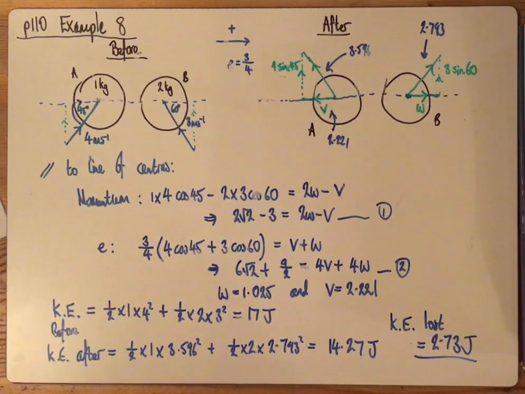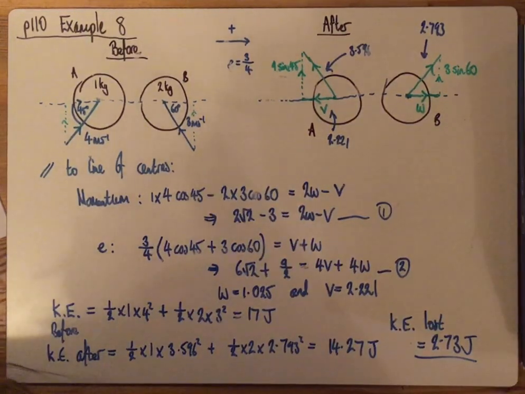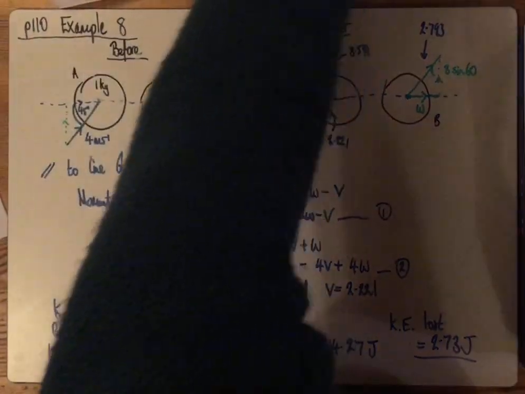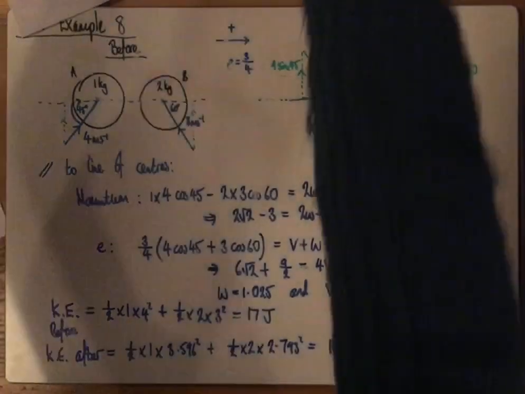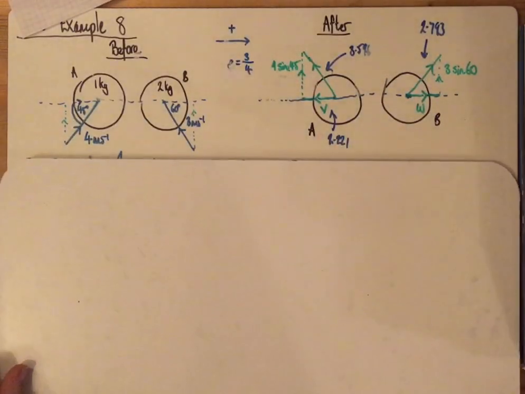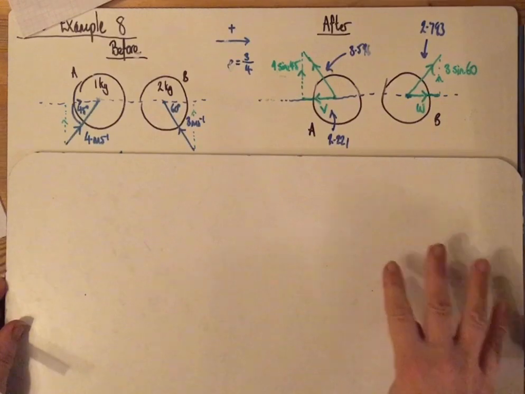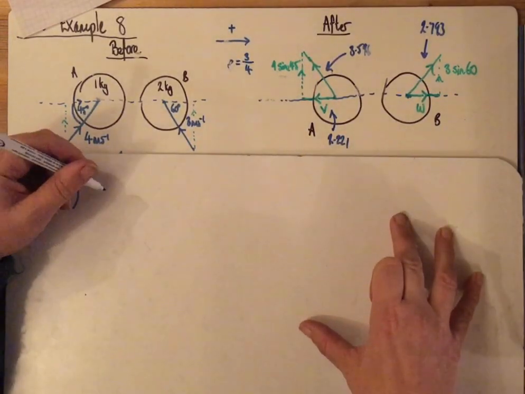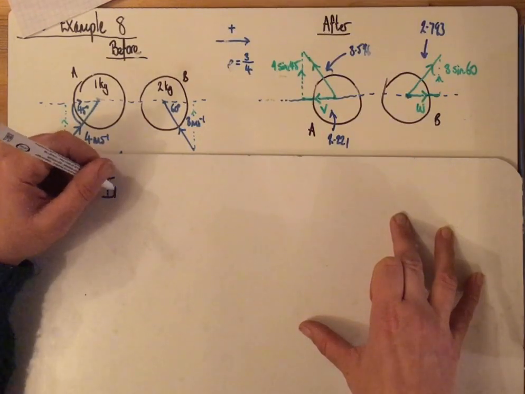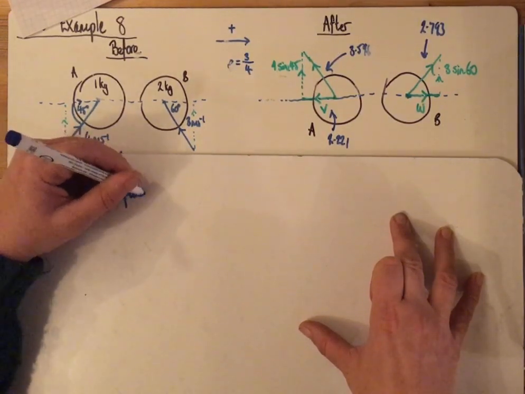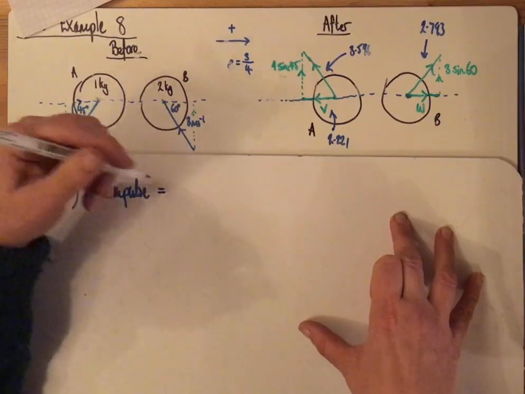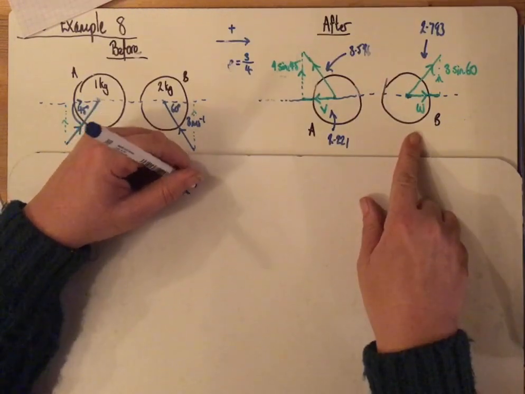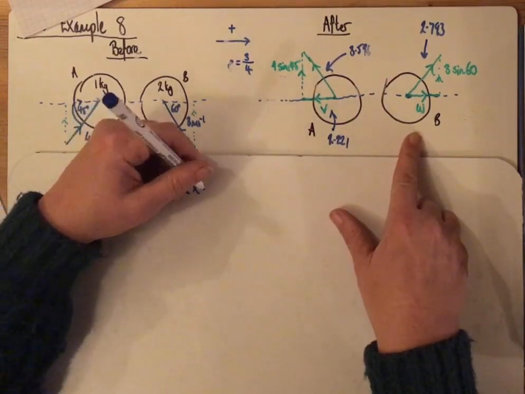And then the last bit of the question is find the impulse exerted by A on B. Let's grab a new board, sorry. So I could probably do that, hopefully. The impulse exerted by A on B is the change in momentum of B. So for B, momentum afterwards is 2 times W, which is 1.025.